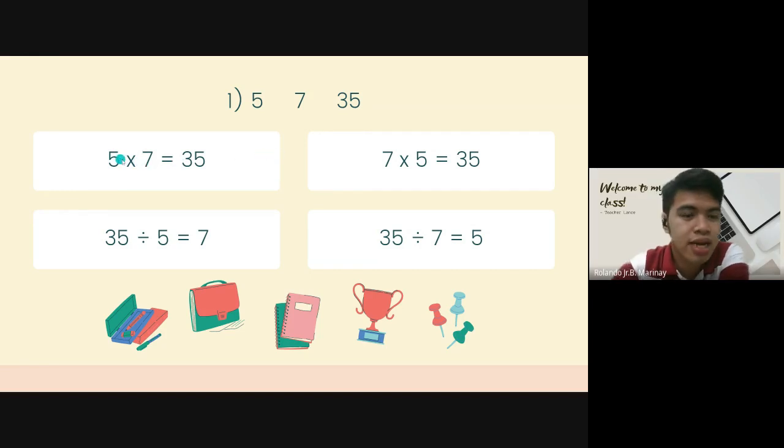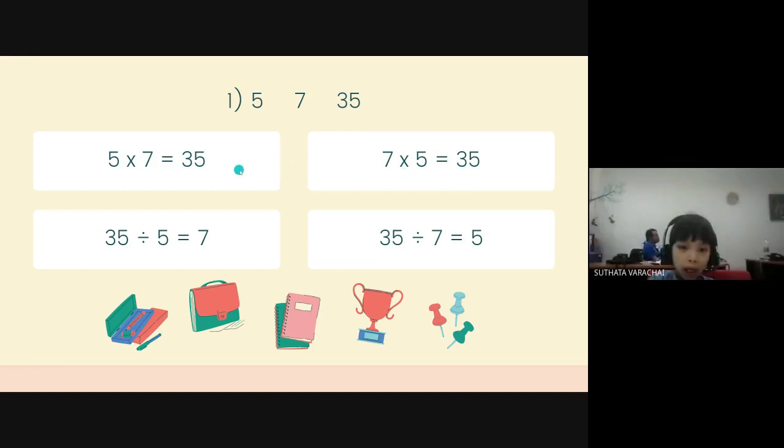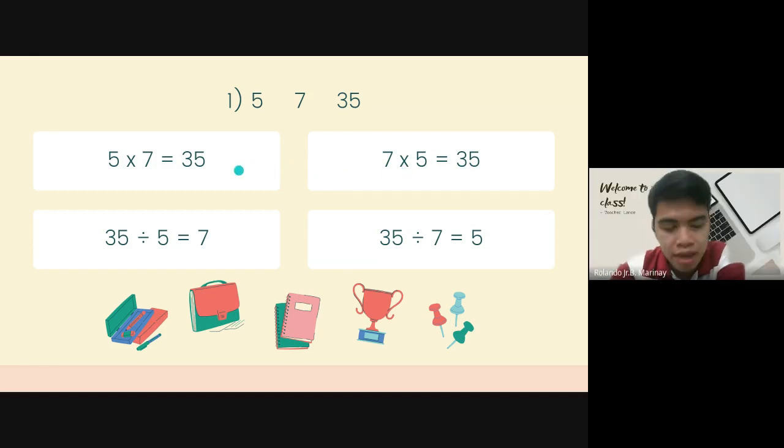So like Kaupan said, 5 times 7 equals 35, and also we can write 7 times 5 equals 35. That's for multiplication. For the division, we have 35 divided by 5 equals 7, or 35 divided by 7 equals 5.